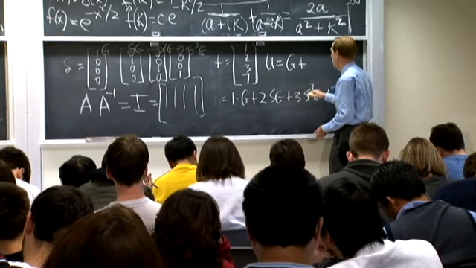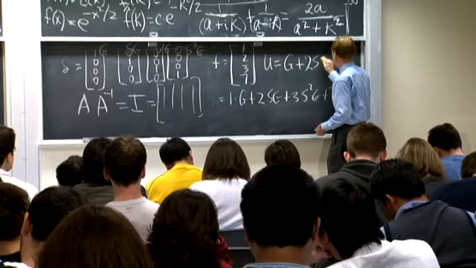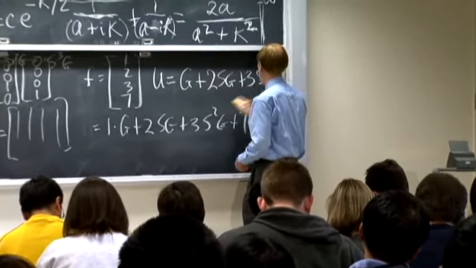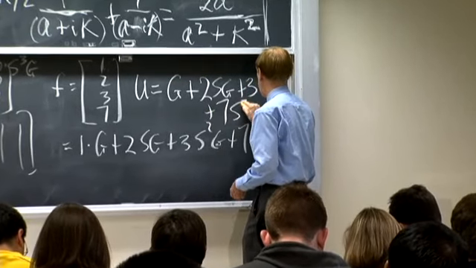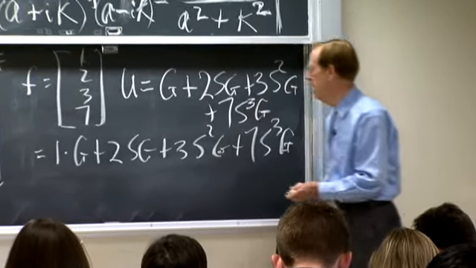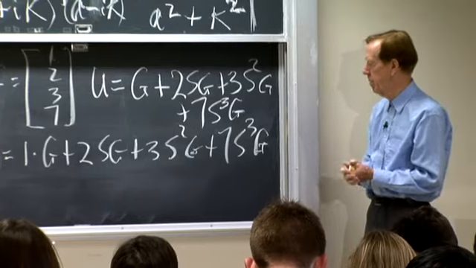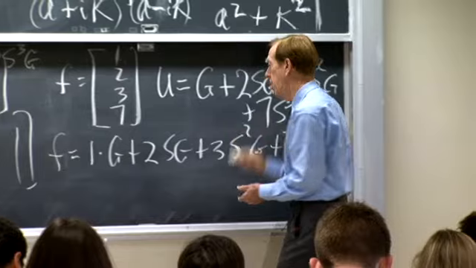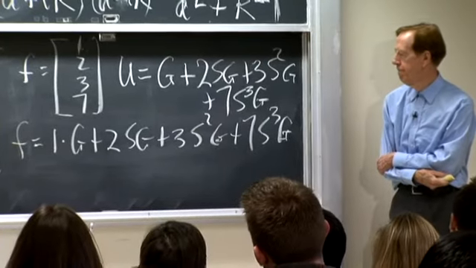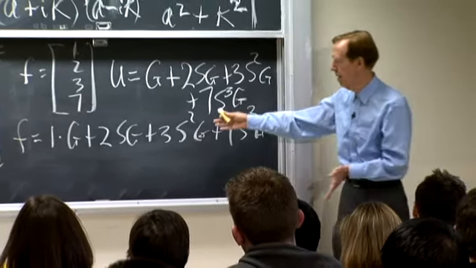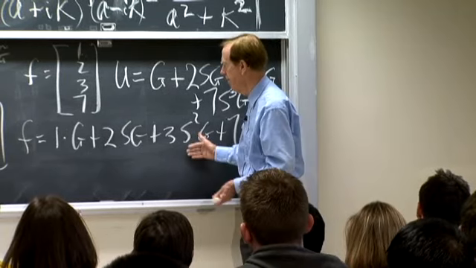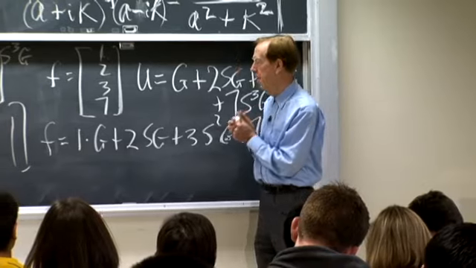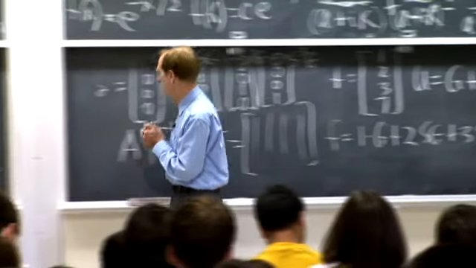I have G, twice the shift of G, 3 times the double shift of G, and 7 times the triple shift of G, right? By linearity, by superposition. If this is my F, this is my U. Everybody's with me here, right? If I take a combination of F's, the answer is the corresponding combination of G's. Okay, good.